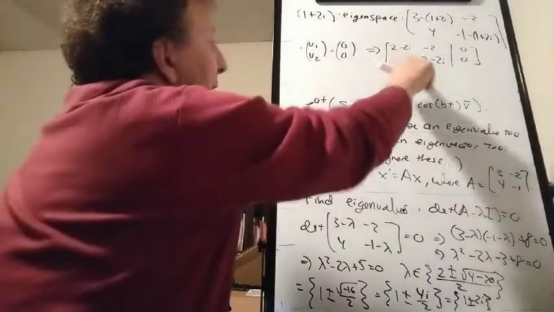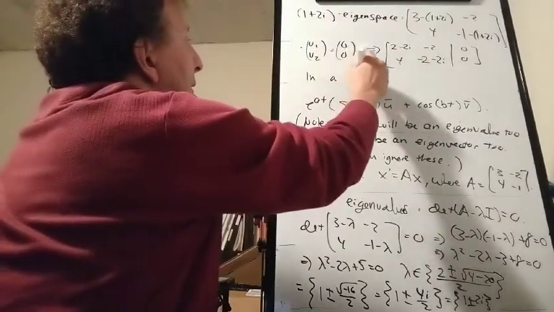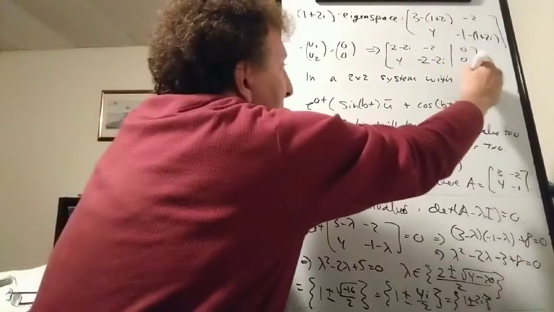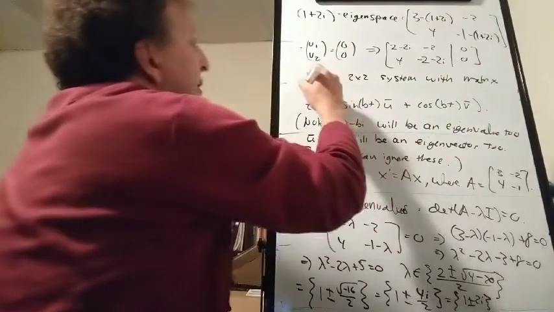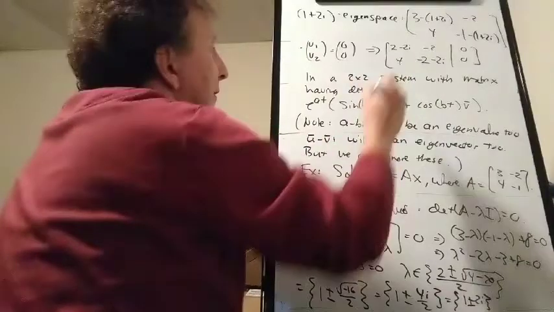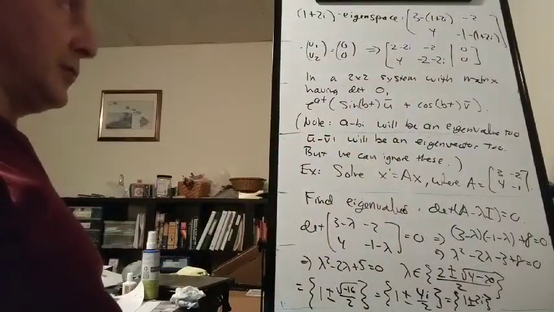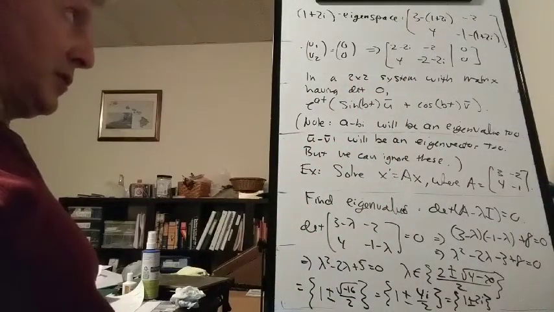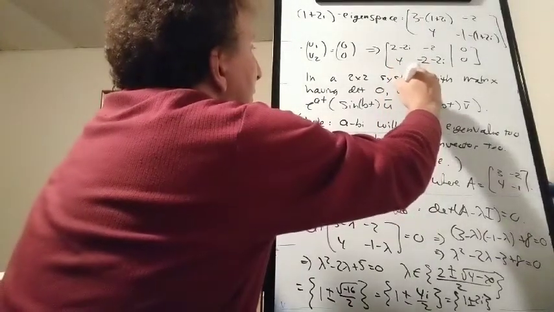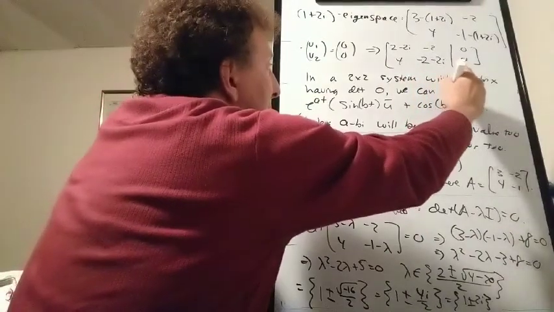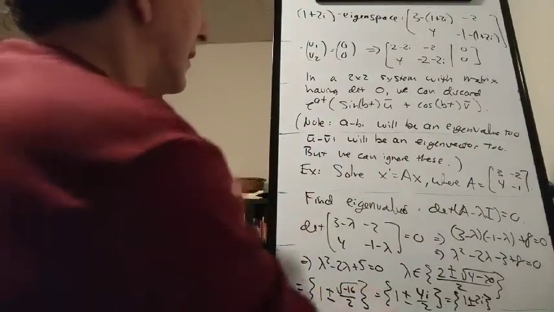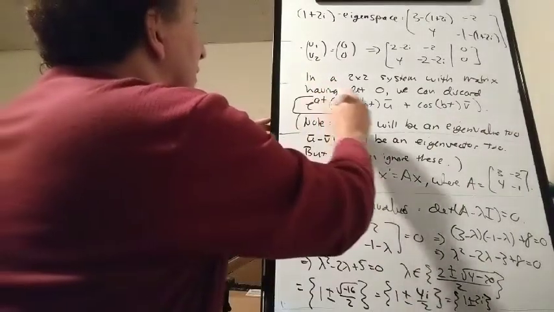Now, in a 2 by 2 system with a matrix having determinant 0, the row space has to be one-dimensional. It can't be two-dimensional. So that means that we can throw away the second equation. I think I'm going to keep this formula here because we're going to use it soon.